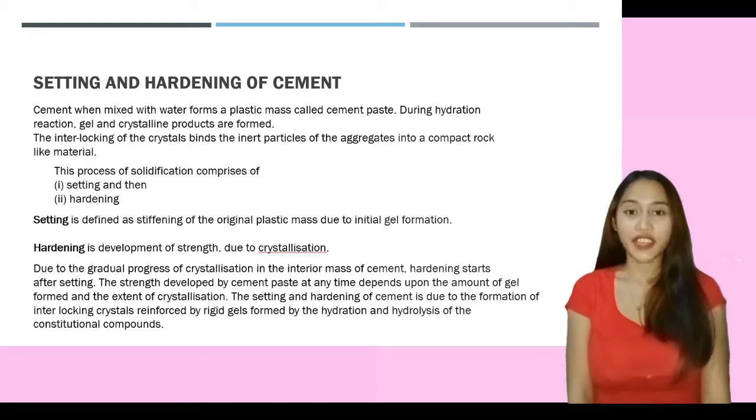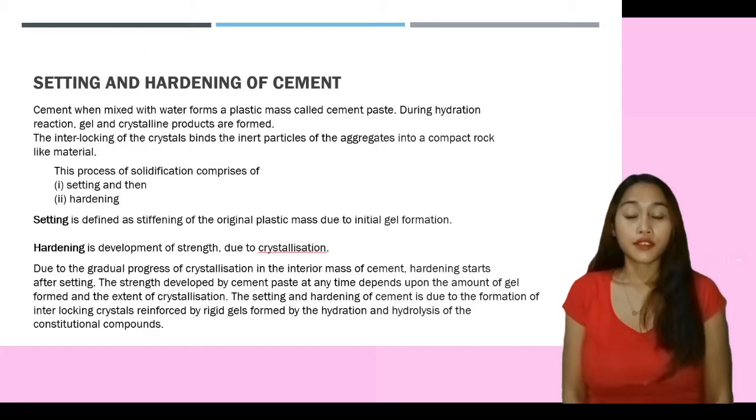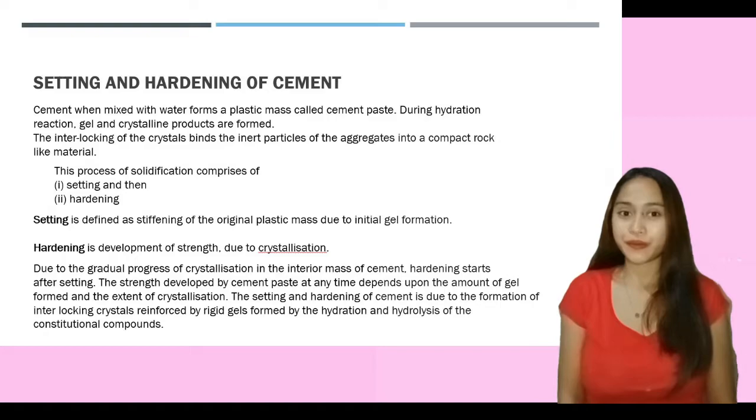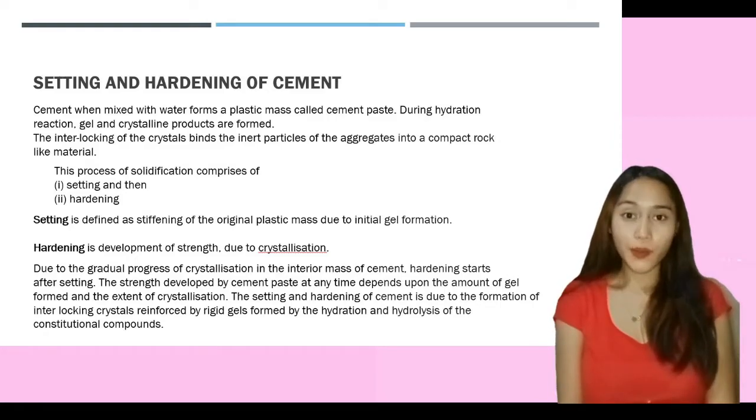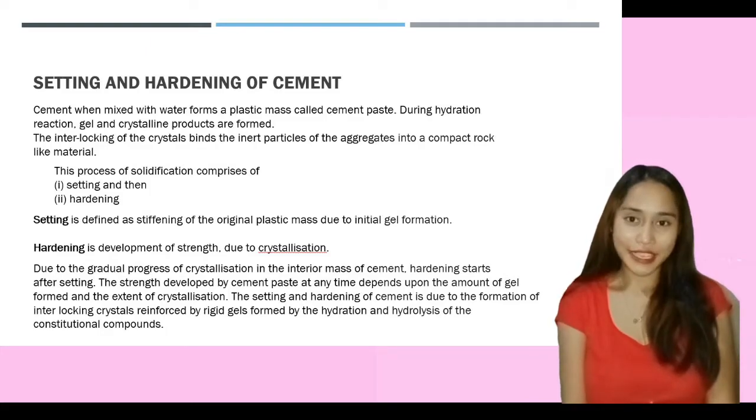Setting is defined as stiffening of the original plastic mass due to initial gel formation. Hardening is the development of strength due to crystallization. Setting and hardening result from the continuing reaction between the cementitious materials and water. Due to the gradual process of crystallization in the interior mass of cement, hardening starts after setting.